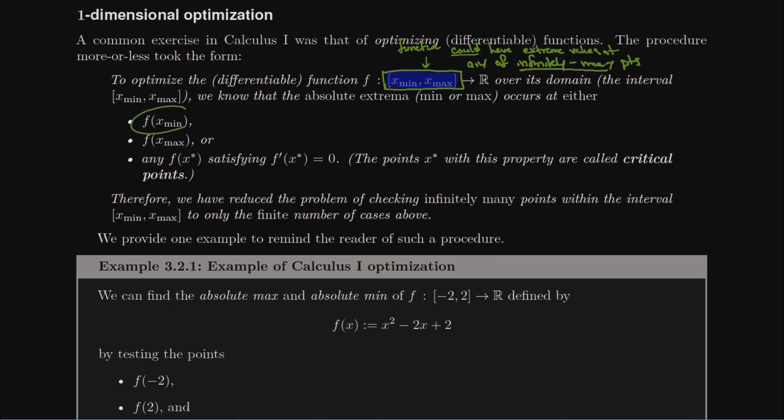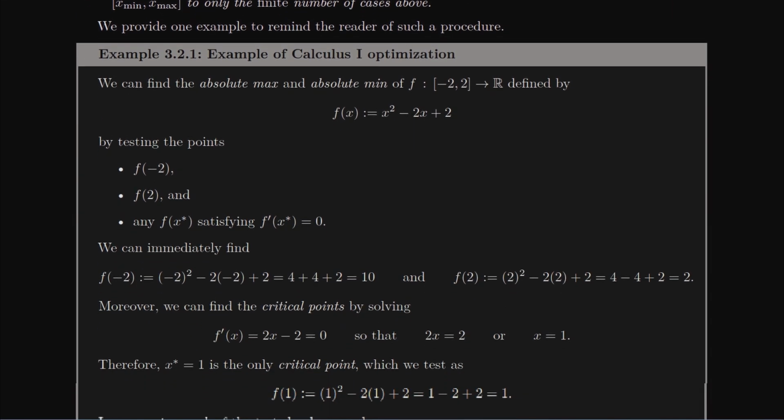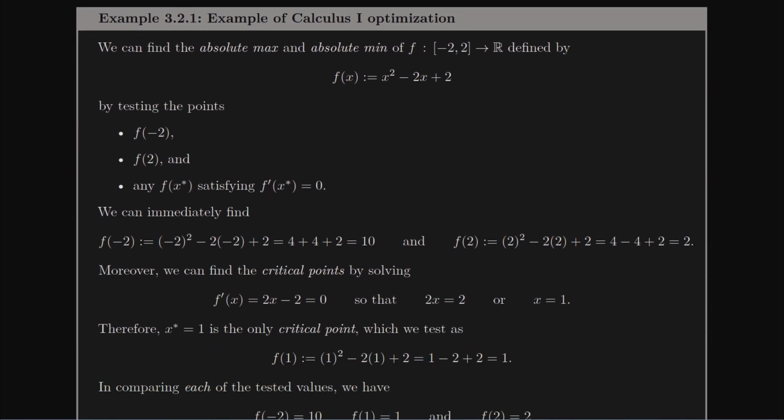And through our procedure of testing the endpoints and critical points, we reduce infinitely many, which is something a computer or a human cannot really do, to finitely many, right? Because there's only going to be finitely many locations, unless the function's constant, at which the derivative is equal to 0. So you really get to reduce the number of cases that you have to check from infinitely many to maybe five locations, 5, 6, 10, 17, some finite number of cases that you need to check.